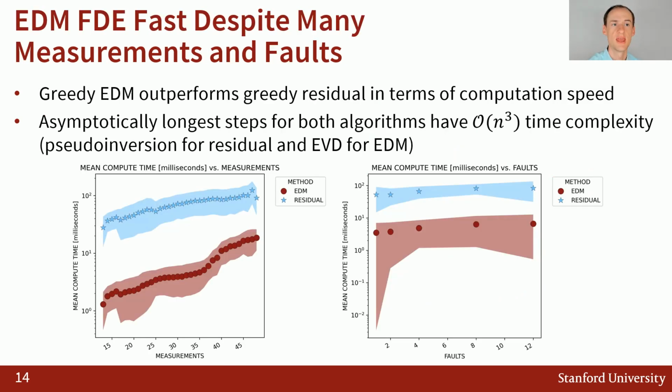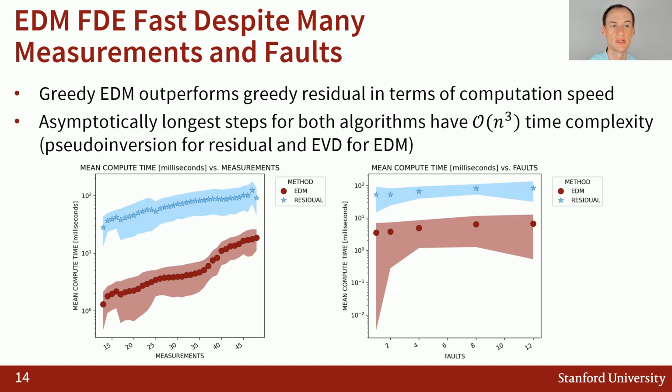And so, in terms of computation, the greedy Euclidean distance matrix outperforms greedy residual, although the asymptotically largest steps are the same for both of them. So the pseudo-inverse for the residual method of calculating the weighted least squares receiver position, as well as the eigenvalue decomposition for the EDM method, both have big O of n cubed for the number of measurements.